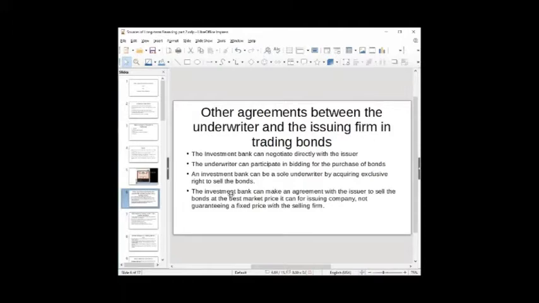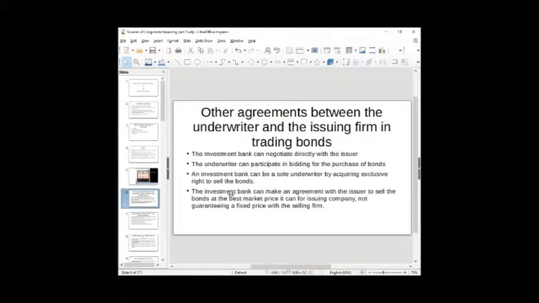Two, the underwriter can participate in bidding for the purchase of bonds. Number three, an investment bank can be a sole underwriter by acquiring exclusive right to sell the bonds. And the investment bank can make an agreement with the issuer to sell the bonds at the best market price it can for the issuing company, not guaranteeing a fixed price with the selling firm.